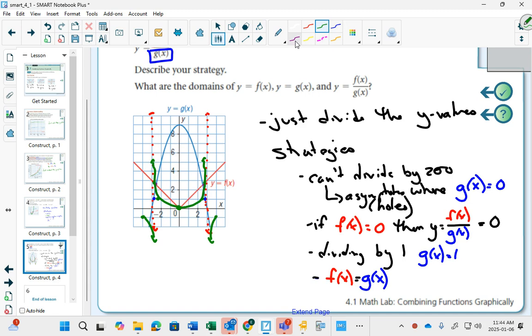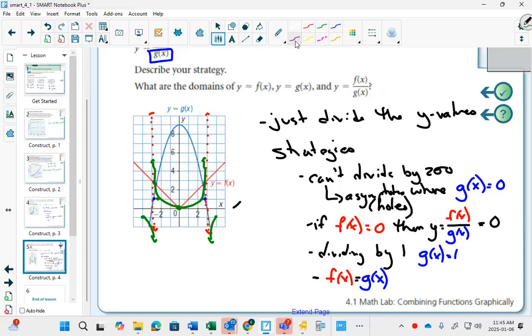Okay, what else could I do here? And sometimes in these graphs, since we're dividing, we're going to have to use chapter 2 in our rational functions unit. Does it make sense that this side over here is a straight line, and this is a parabola?